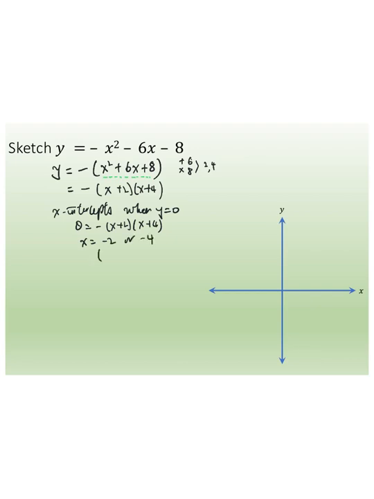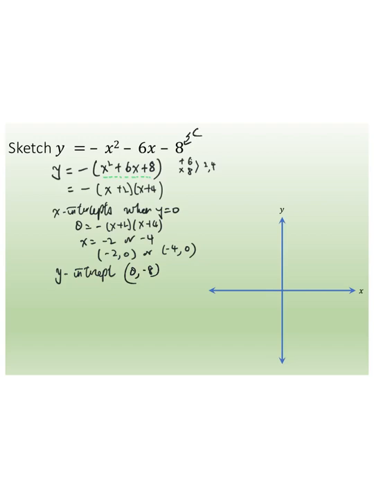So the x-intercepts are (minus 2, 0) or (minus 4, 0). Again, for the y-intercept, read from the equation, it is (0, minus 8). This is the y-intercept, when x equals 0, y equals minus 8.